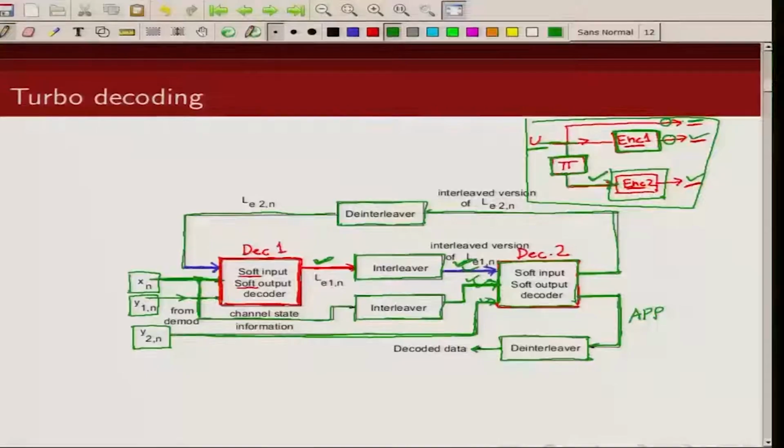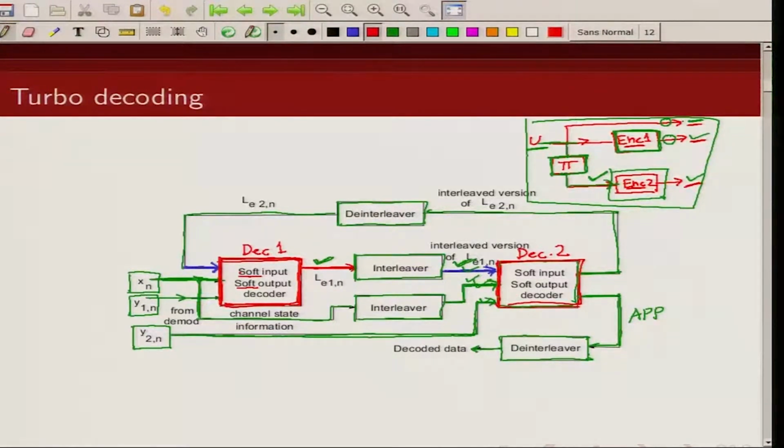Using this, it forms some opinion about the information bits, which it passes on to decoder 1, and then decoder 1 uses that information. So one iteration is when decoder 1 has finished decoding and decoder 2 has also finished decoding. So that's my one full iteration.